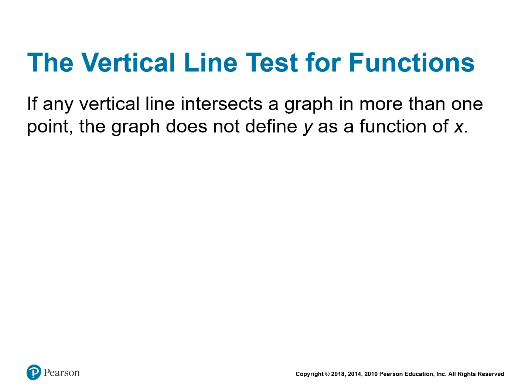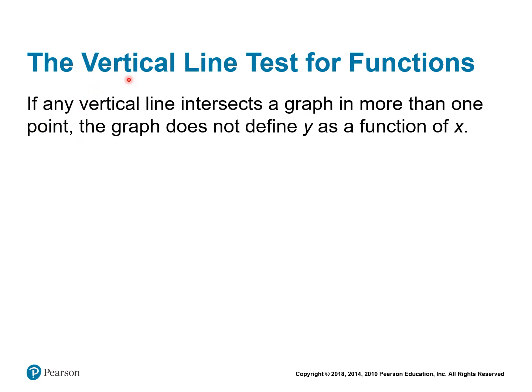Now here's how to determine from the graph whether it represents a function or not. So we are not given an equation, we are not given an ordered pair, we're just given the graph, and we have to tell from the graph whether it is the graph of a function or not.